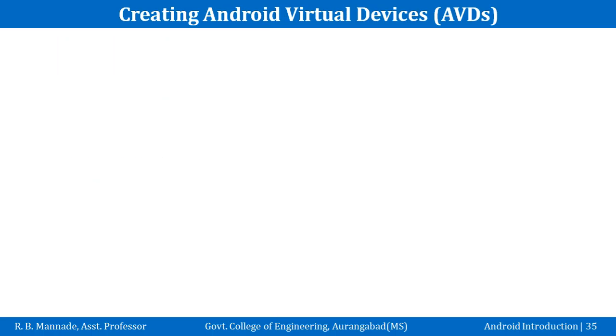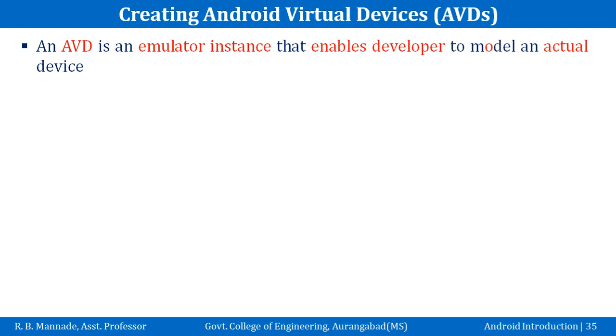Now after installing all the required software for Android development, the next step is to create an Android virtual device, which is also called the emulator. An Android virtual device is nothing but a virtual mobile phone, or we can say an AVD is an emulator instance that enables an Android developer to model the actual device, right?